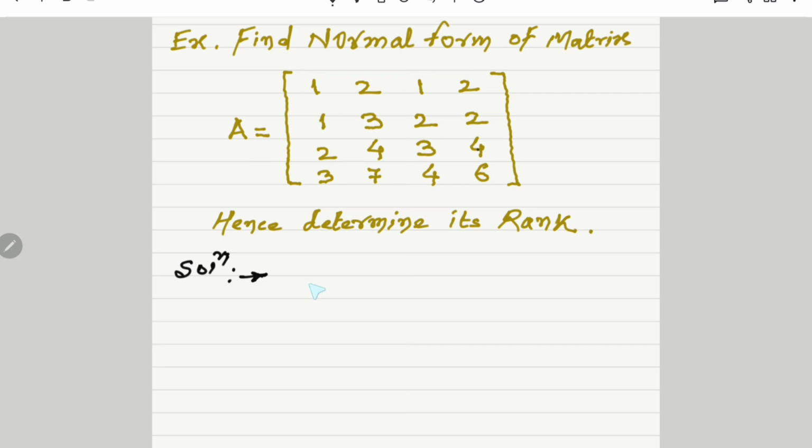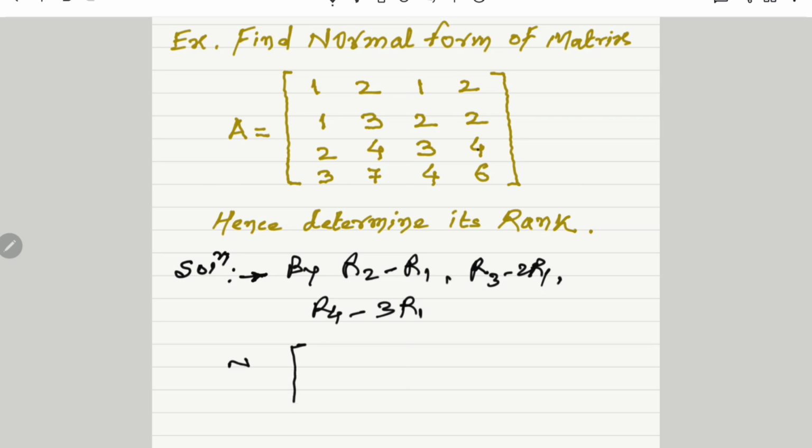Means the transformations are R2 minus R1, R3 minus 2R1, and R4 minus 3R1. In a single step we can perform all this calculation.